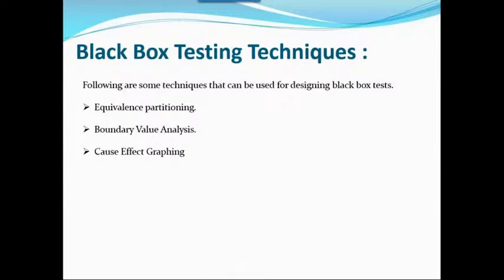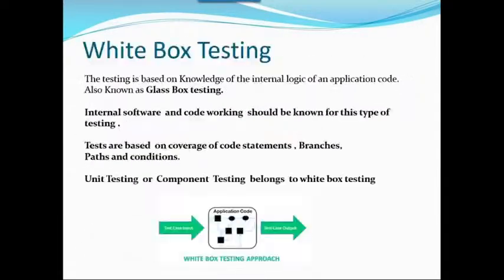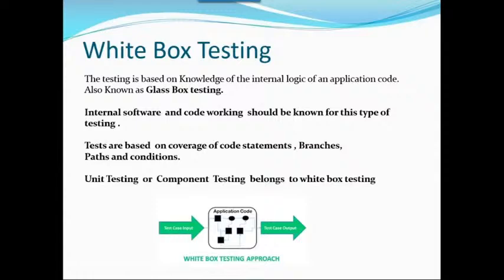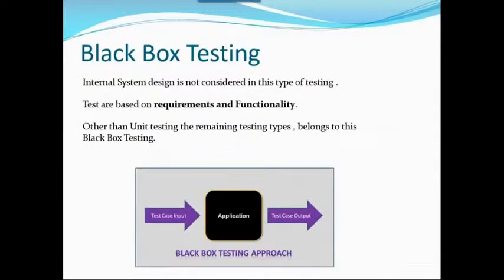Is it clear? Does anybody have any questions? It's very important. Testing has two types: structural and functional. Structural testing is done by the developer, and functional testing is done by the QA. Any questions here? No? Good.